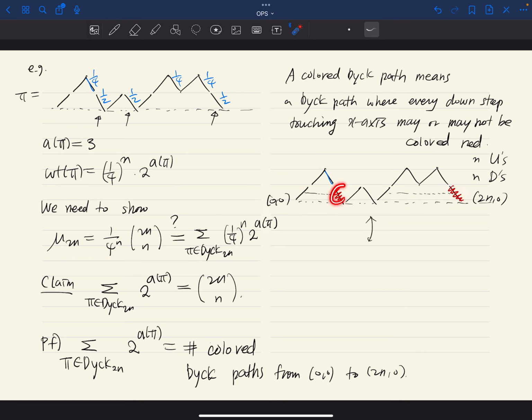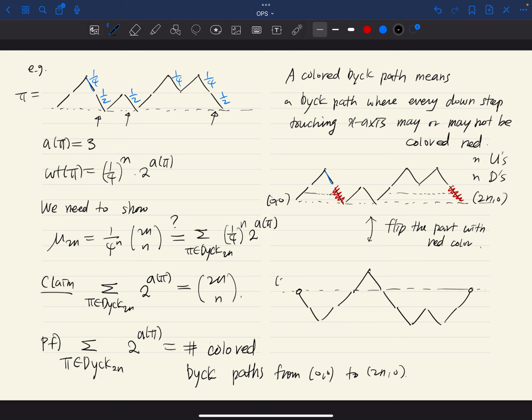If the down step here is colored red, flip. Flip the part with red color. Like this part will be flipped, but this part will not be flipped. This part will be flipped. So we will get something like this is flipped, so it goes like this. This is not flipped. This is flipped.